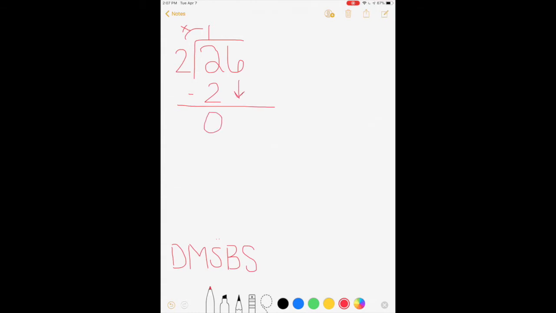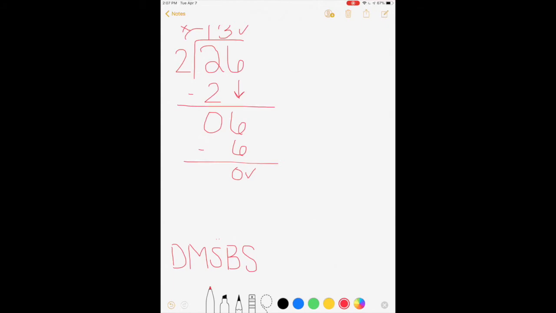B stands for bring down, so I bring down my 6. Now I start over. 6 divided by 2 is 3. 3 times 2 is 6. S stands for subtract, and I get 0. I have a 0 at the bottom. My quotient is full. Now, 13 is a whole number with no remainders.